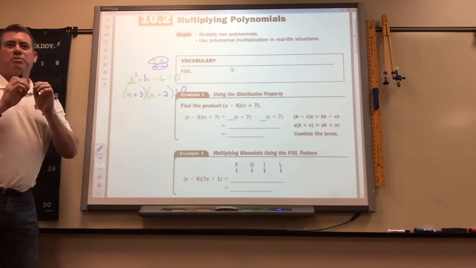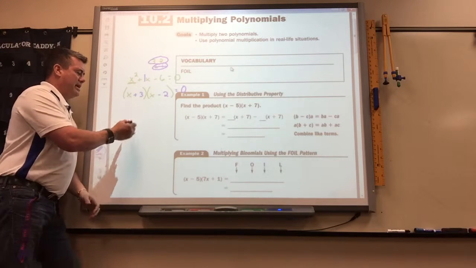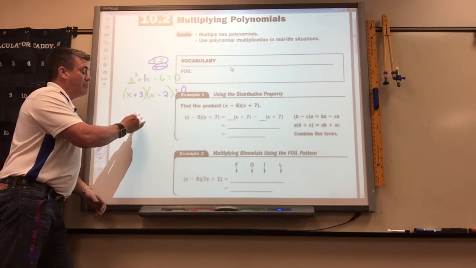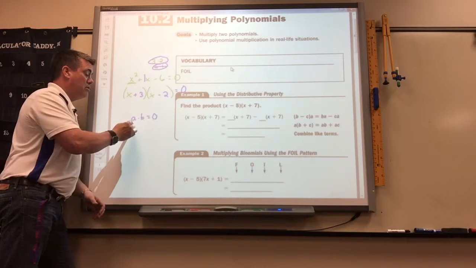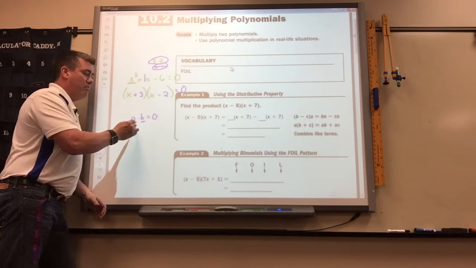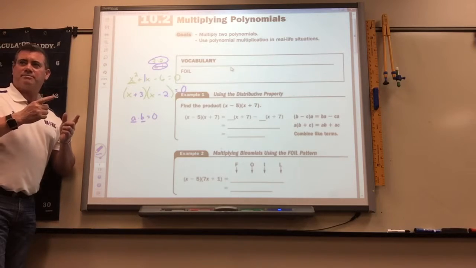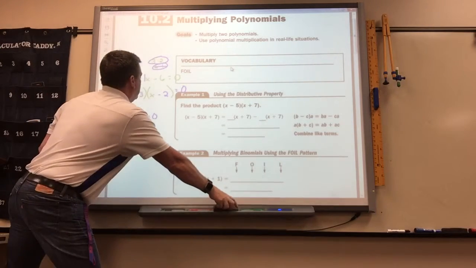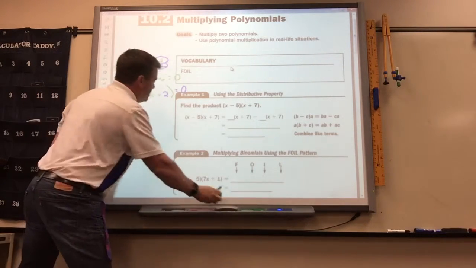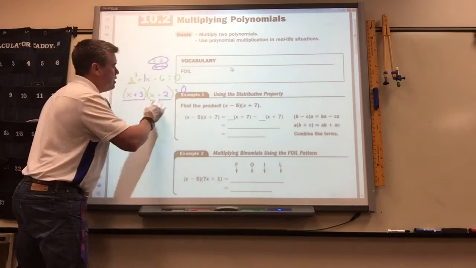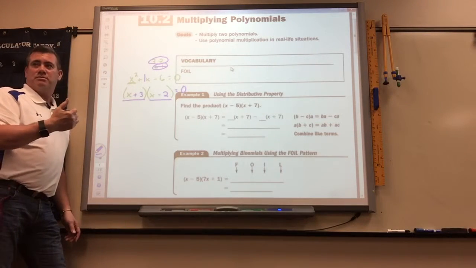So remember, when you multiply two things, if you take a times b and you get 0, what do you know about either a or b? One of them is going to be 0, right? Same thing here. If I take this quantity times this quantity, one of them has to be 0.